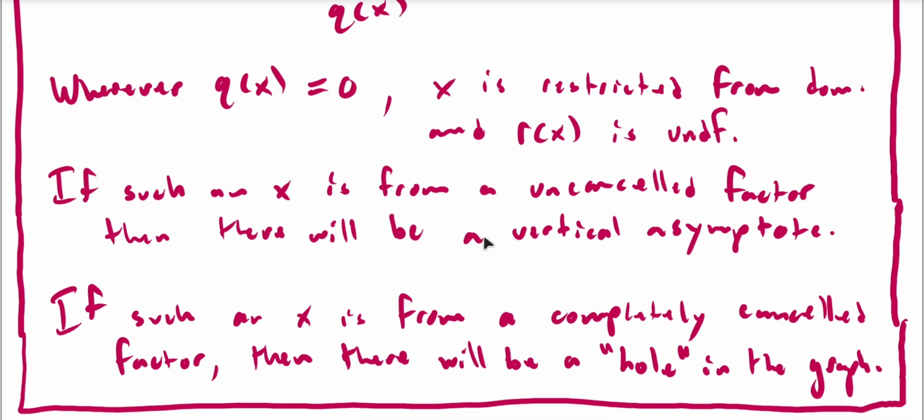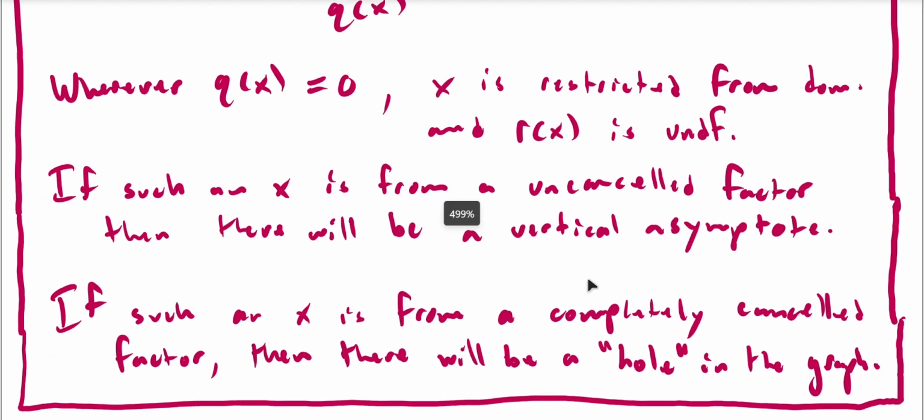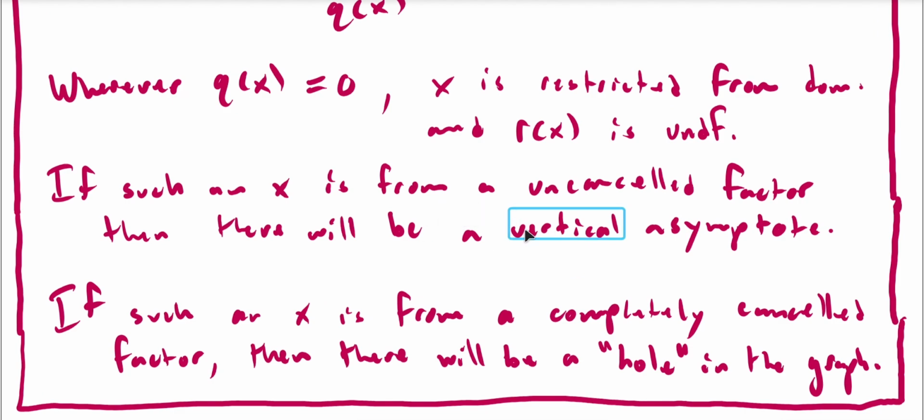And if such an x is of the form of an uncancelled factor, in other words, if you have an x that makes it 0 on the bottom and it doesn't also make the top 0, then you're going to have a vertical asymptote of some kind. Now, on the other hand, if you cancel a factor that has an x on the top and bottom, like the x over x or the example we just saw, there'll actually just be a hole in the graph.